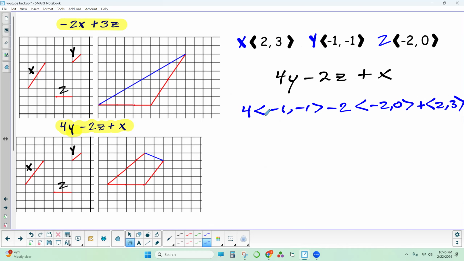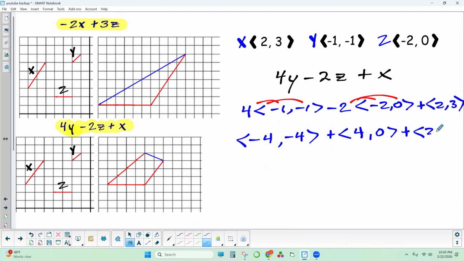All right, so I'm going to start by multiplying 4, multiplying negative 2, and we've got negative 4, positive 4, negative, 0, plus 2, 3.